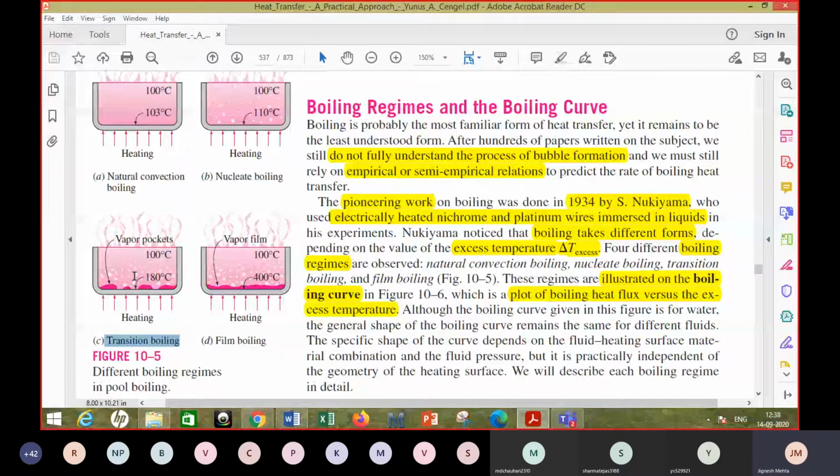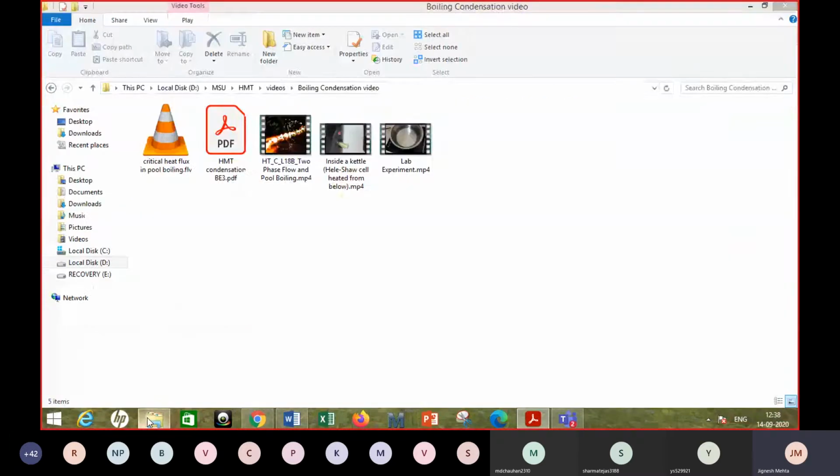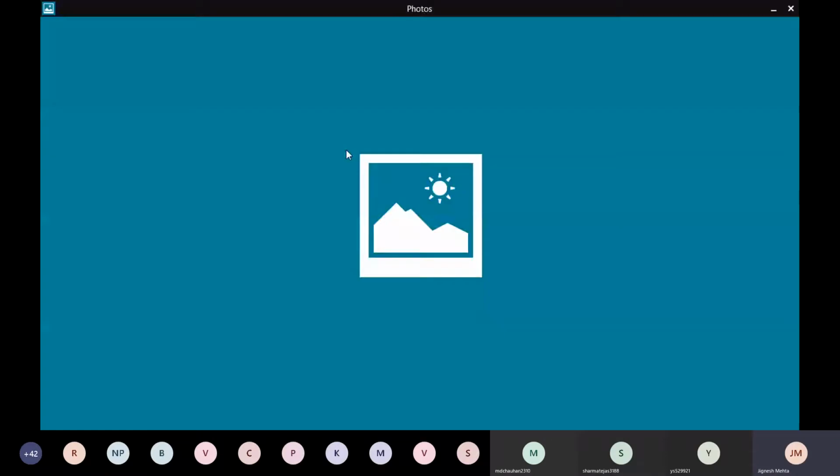But still there will be a sizable portion of the surface covered by the vapor, right? So it's not nucleate boiling. Okay, so let me show one of the videos. So here water is being boiled in a kettle.